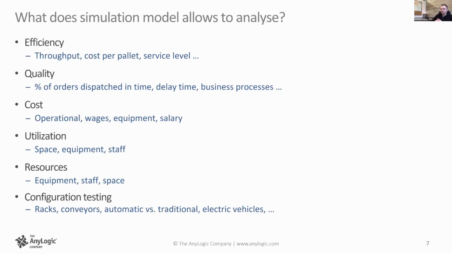Typically, simulation models provide efficiency metrics such as throughput, service levels, quantity of orders, shipments, etc., cost, operational, salary, cost of equipment being idle, utilization, resources statistics, and it allows for different configuration testing.